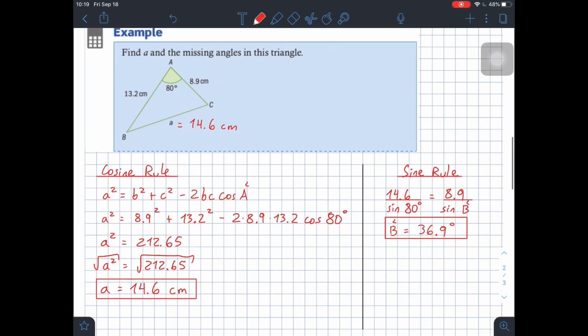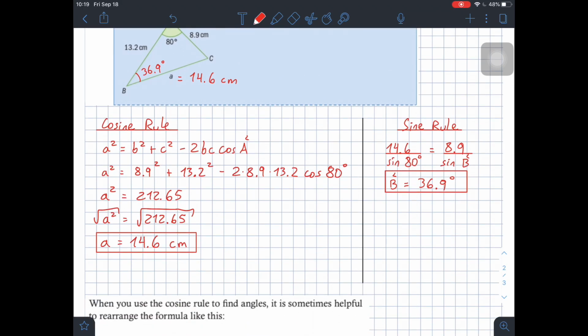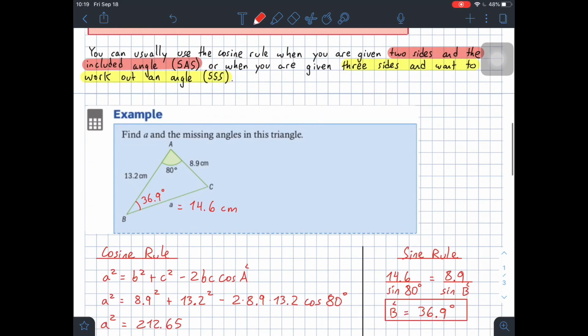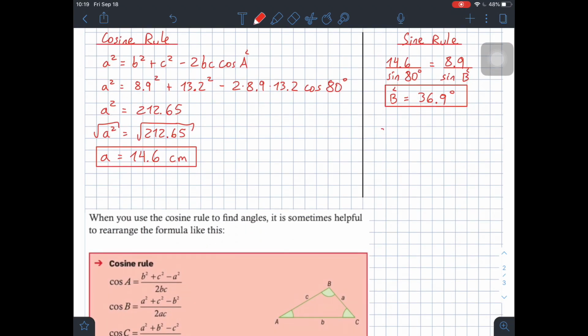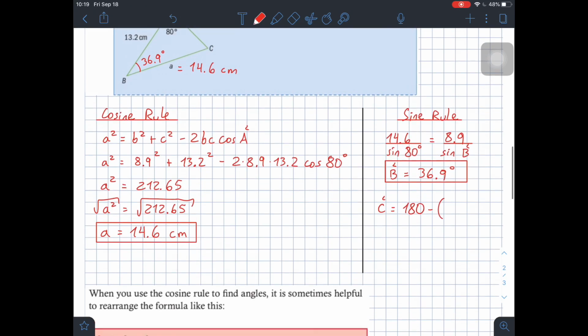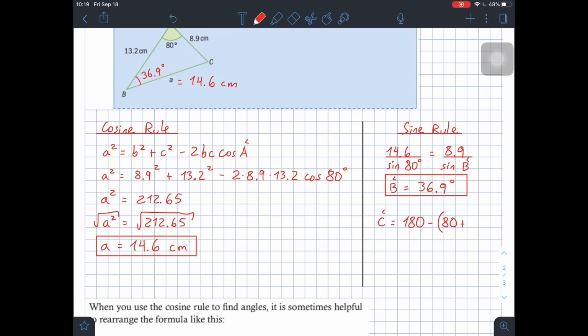Once we have angle B, 36.9, how can we find angle C? Again, we could apply the sine rule and do exactly the same process we did for angle B, but there's an easier way. If we already have these 2 angles, then finding angle C is just finding the angle required to get to 180 degrees. So angle C is equal to 180 degrees minus the addition of both angles, 80 plus 36.9.